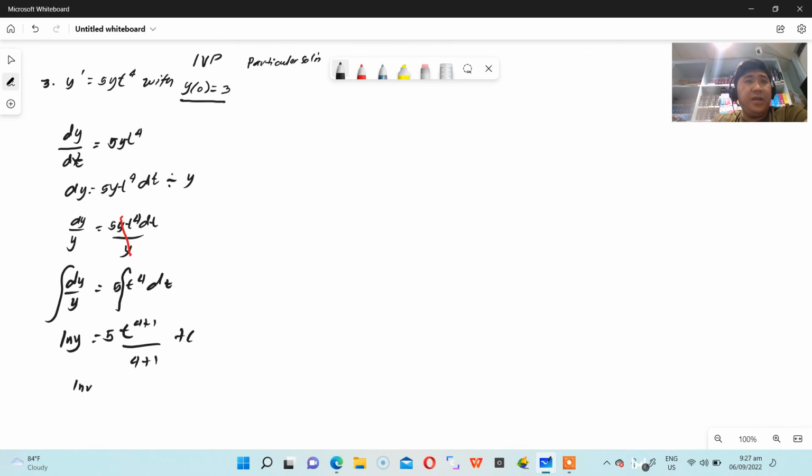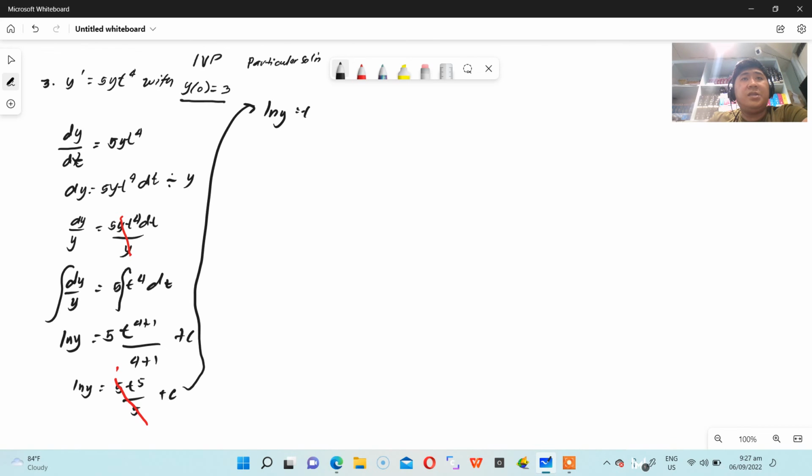So from here, you have ln y equivalent to 5 t raised to the power 5 over 5 plus c. Therefore, you could eliminate the 5 over 5, which is equivalent to 1. So now your solution continues to be ln y equals t raised to the power 5 plus c.